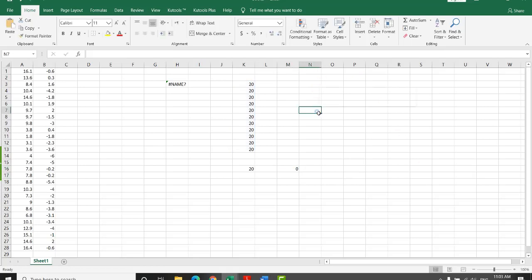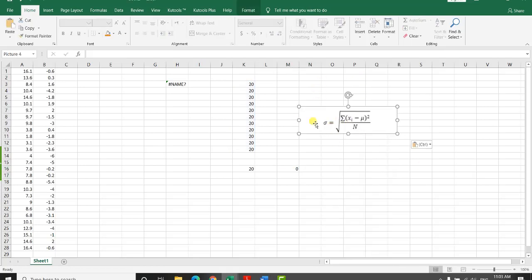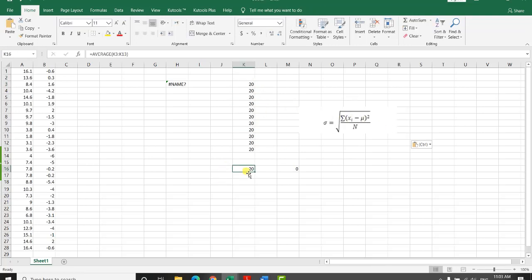I'll tell you. The function uses this calculation. So what it does is that it gets every sample. So xi is each of these values. It gets it, it subtracts the mean or the average, which is 20. So here we have 20 minus 20. It's 0.